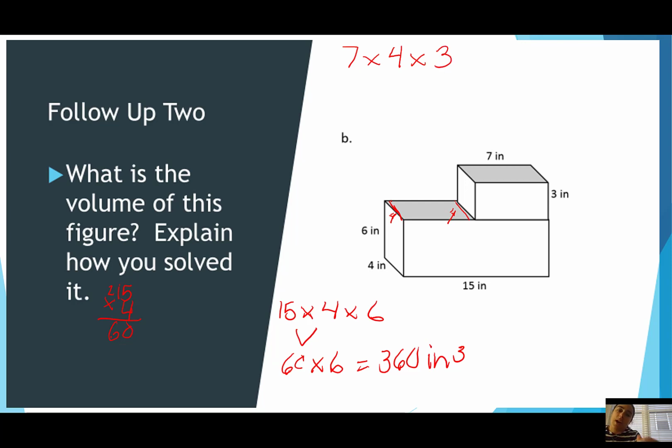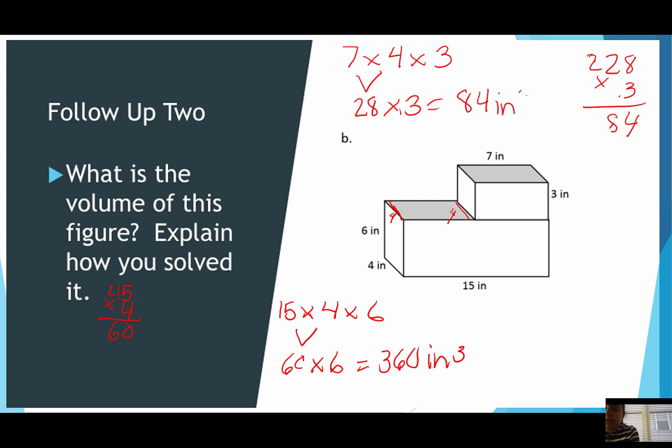Okay, so let's try it. 7 times 4 is 28. Now I'm doing 28 times 3. 8 times 3 is 24. 3 times 2 is 6. Plus 2 is 8. 84 inches cubed.